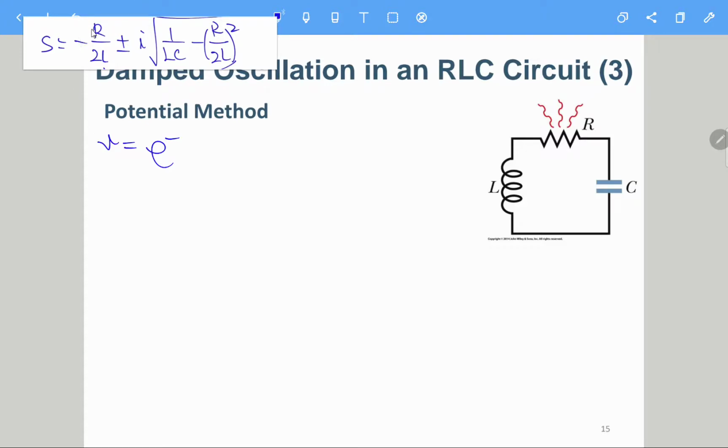The real part is minus R over 2L, so we have exponential of minus R over 2L times t.